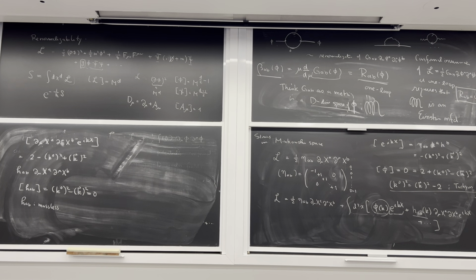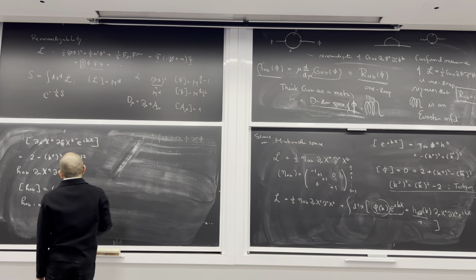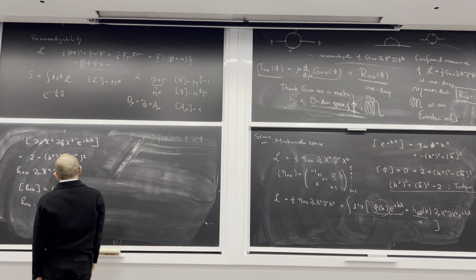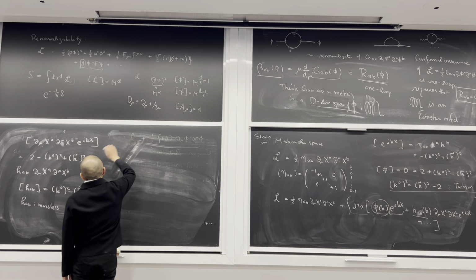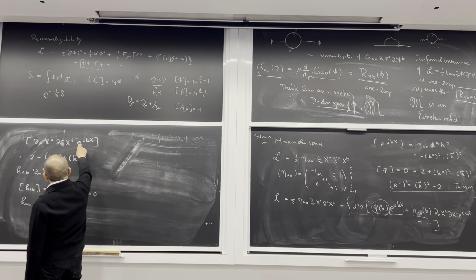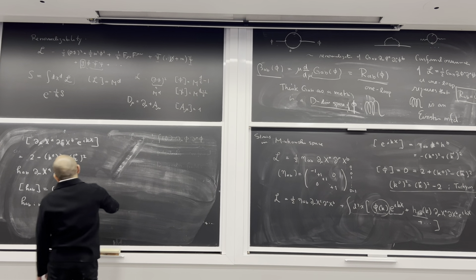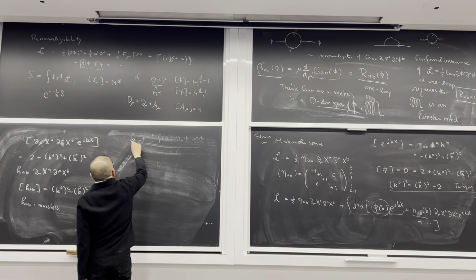But it has 2 more conditions. One condition comes from the fact that it has to be actually a primary field of conformal field theory, which means that it must be annihilated by the Virasoro algebra. And also another condition is that it cannot be trivial. By that I mean the following. Suppose I have an operator like that.